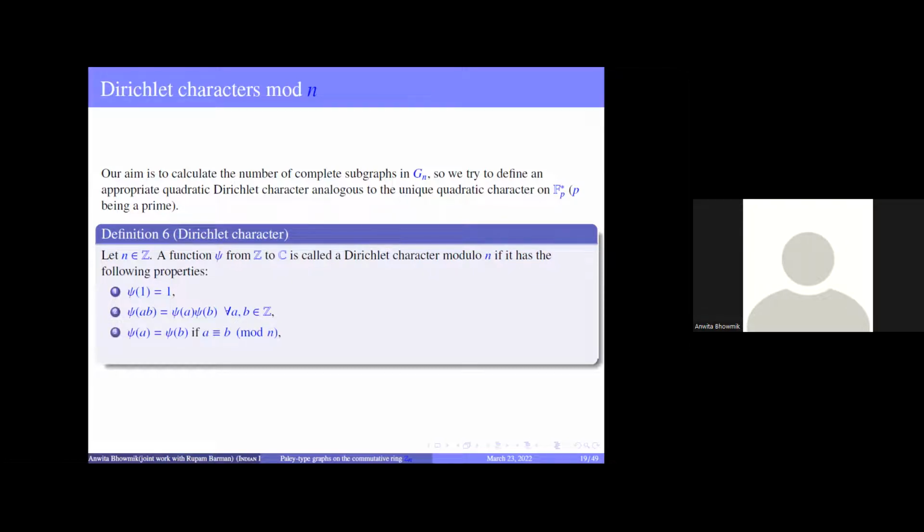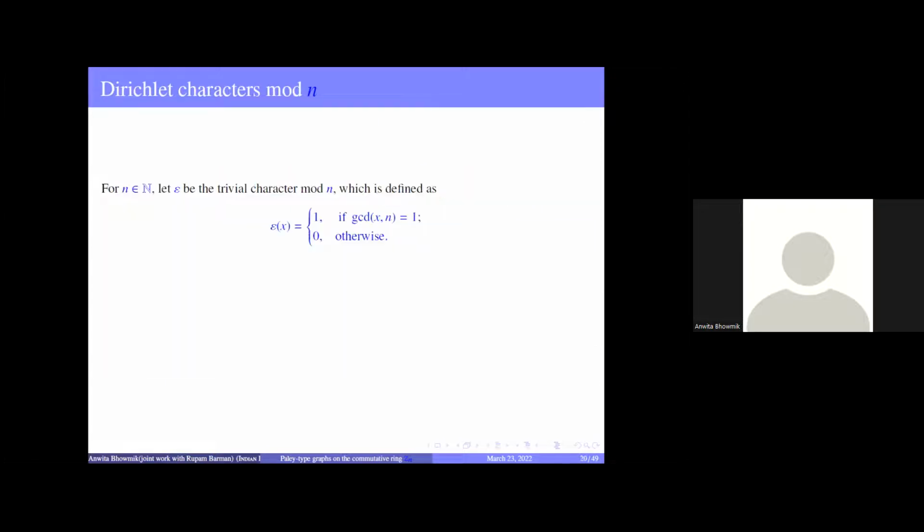If a is congruent to b mod n, then psi(a) equals psi(b). And if a is not relatively coprime to n, then psi(a) is 0. And epsilon is usually called the trivial character modulo n, which is defined like this. It takes 1 only if x is relatively prime to n, otherwise it takes 0.